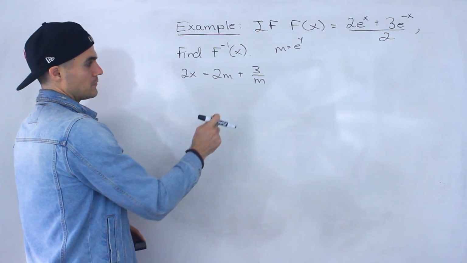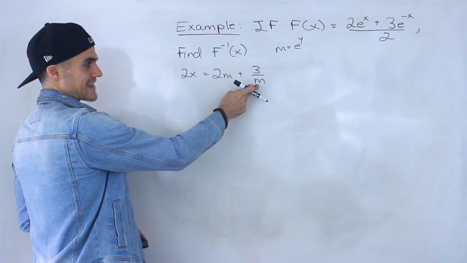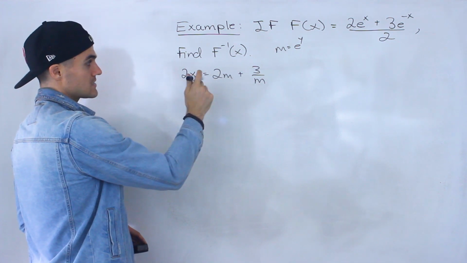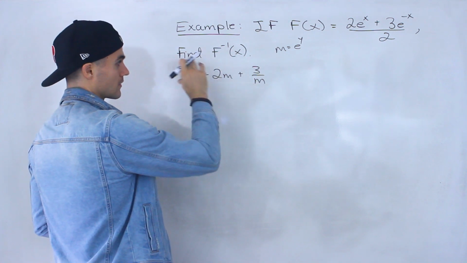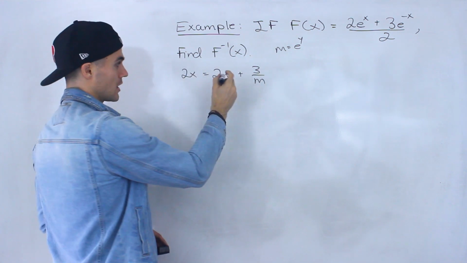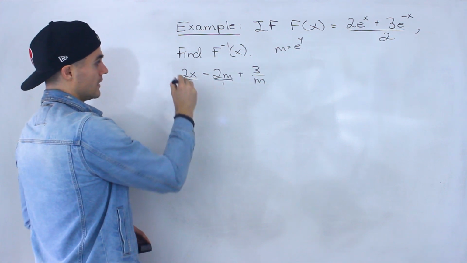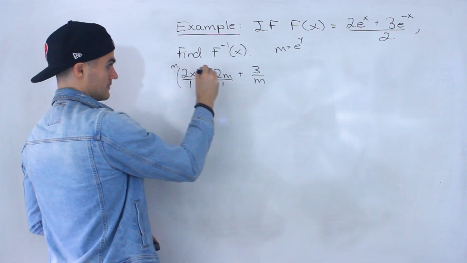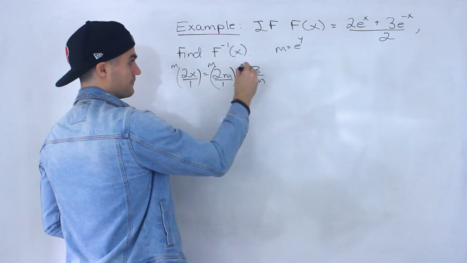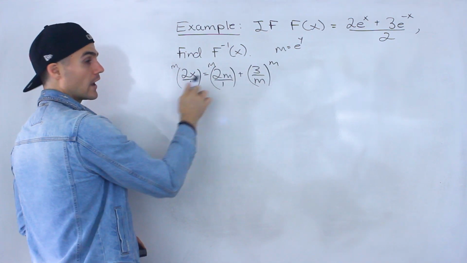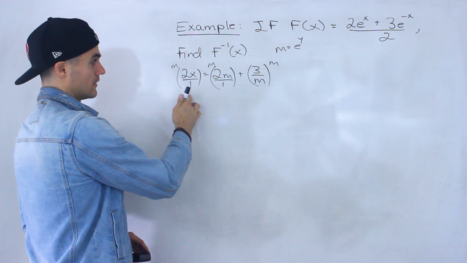Well, I'm going to get rid of this m in the denominator. The way we can do that is by multiplying everything by the lowest common denominator. Notice this 2m is over 1, this 2x is over 1, so we can multiply everything by m. That's the lowest common denominator between m and 1.